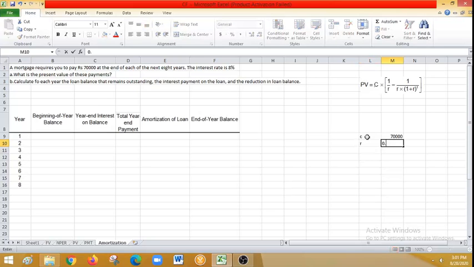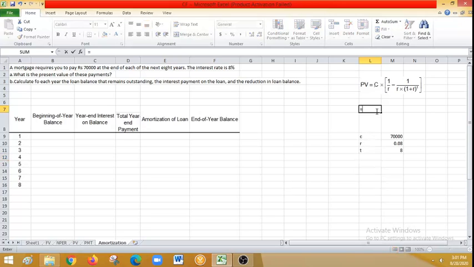So the rate of interest is 8%, and the time period of payment is 8 years. So these three are the data available in the question, the given part of the question. With this formula we can solve the present value, or we also have an inbuilt function in Excel to know the present value.